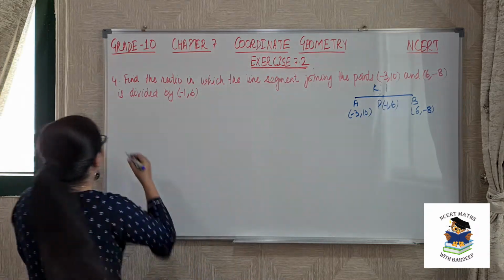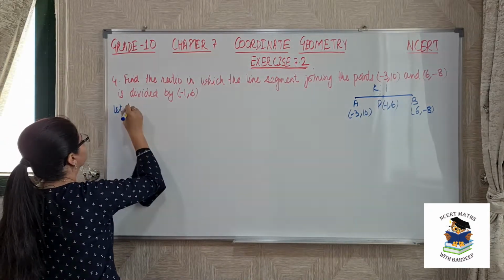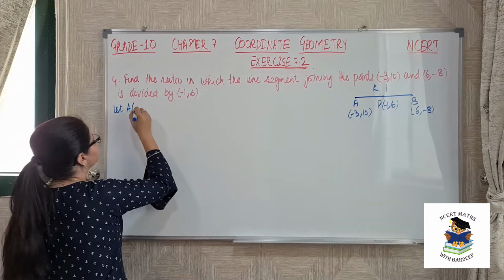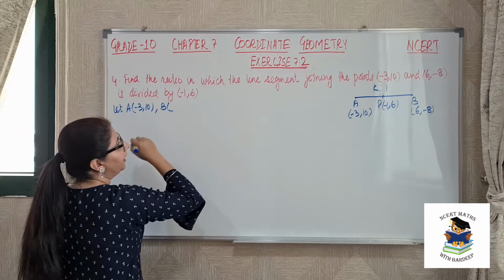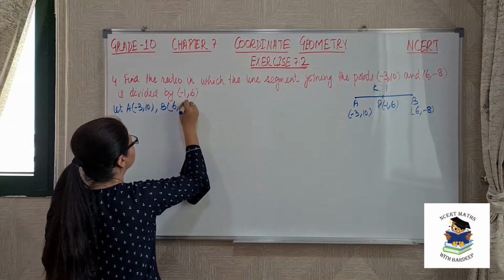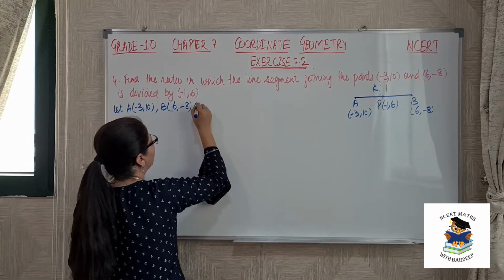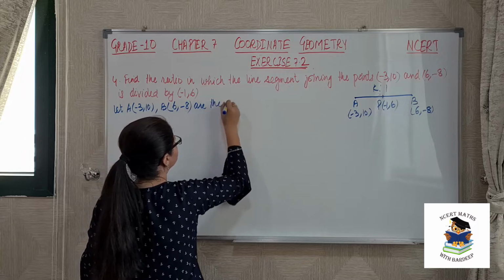So we will write let A -3, 10 and B 6, -8 are the given points.